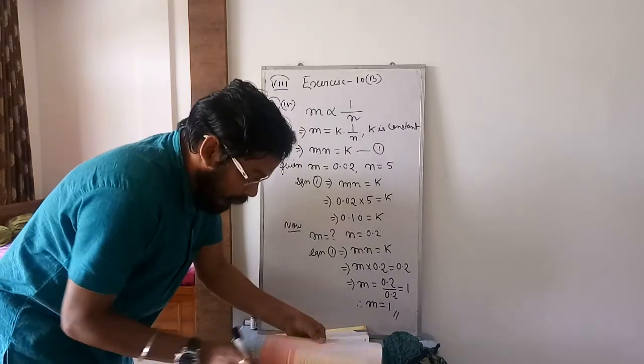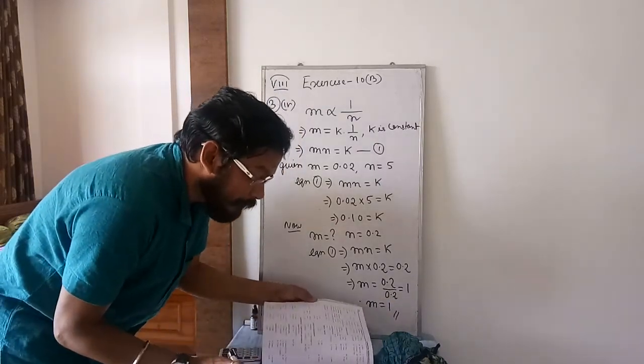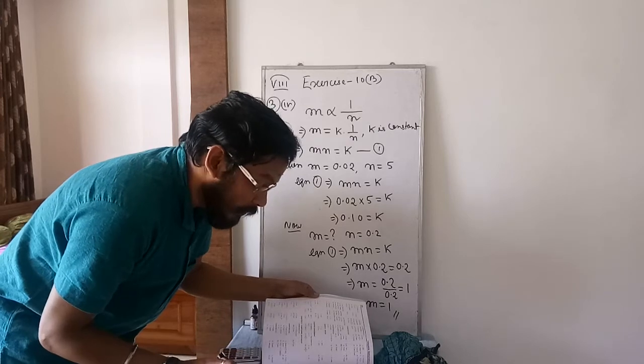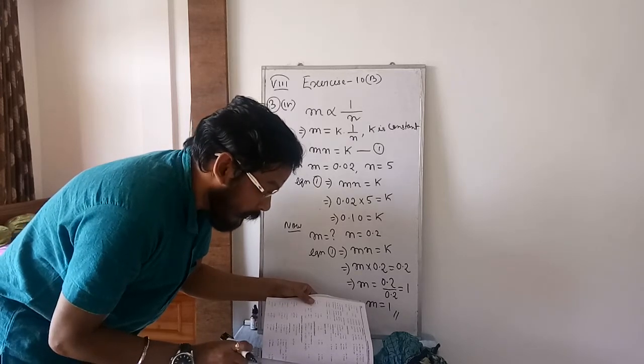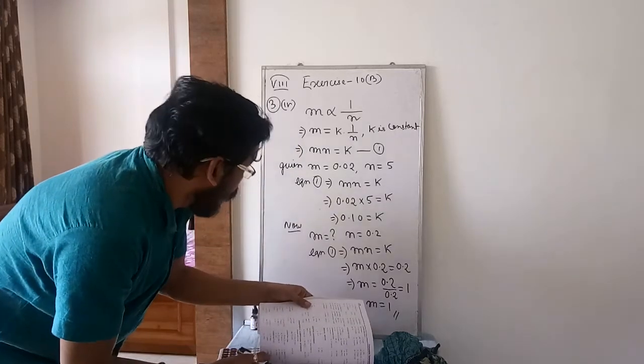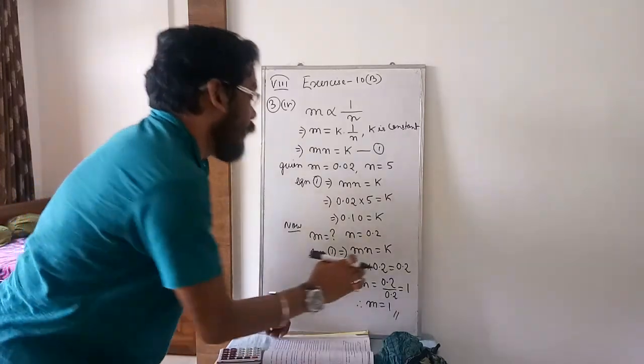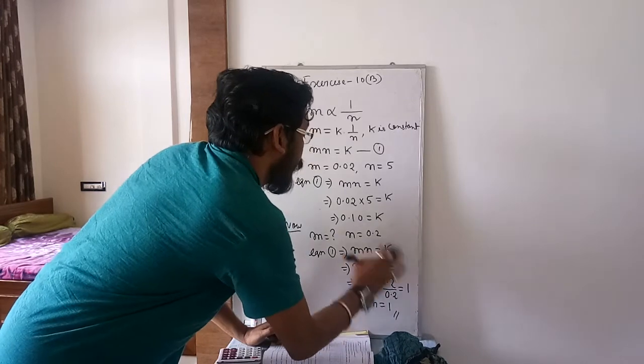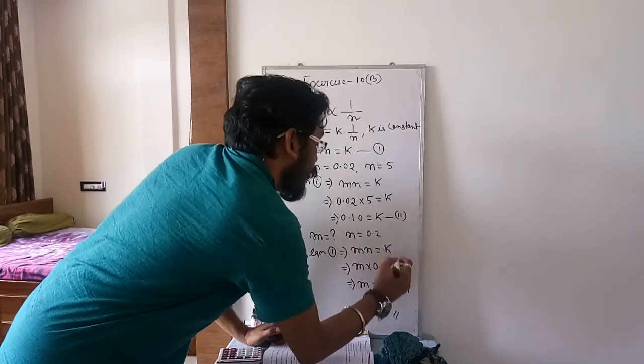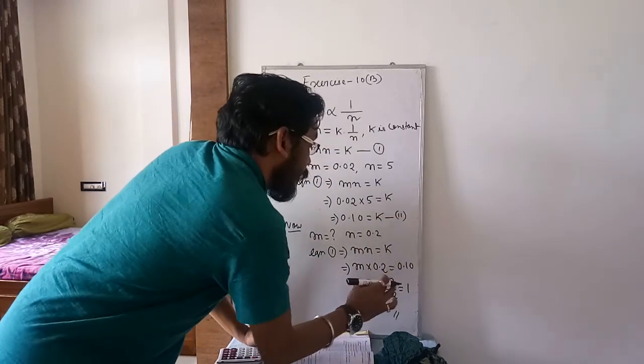Take the screenshot of this one. Just a minute. Roman number 4. What is the mistake I have done? Sorry. K value is not this one. 0.2 is not the K value, equation 2 gives 0.10.